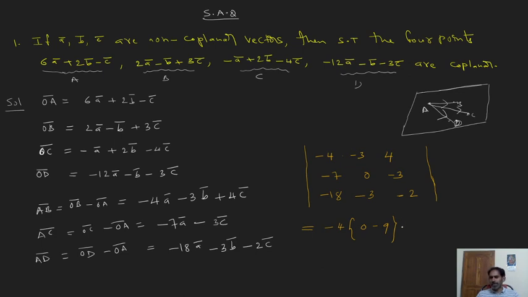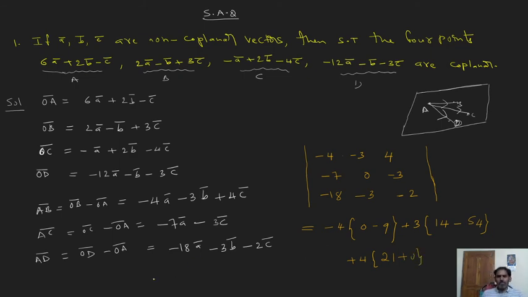Minus of minus plus 3 into, delete first row, second column: 14. 7 twos are 14, minus minus plus, that is minus 18 into 3, 54. Next, plus 4 into, delete first row, third column: this is 21.